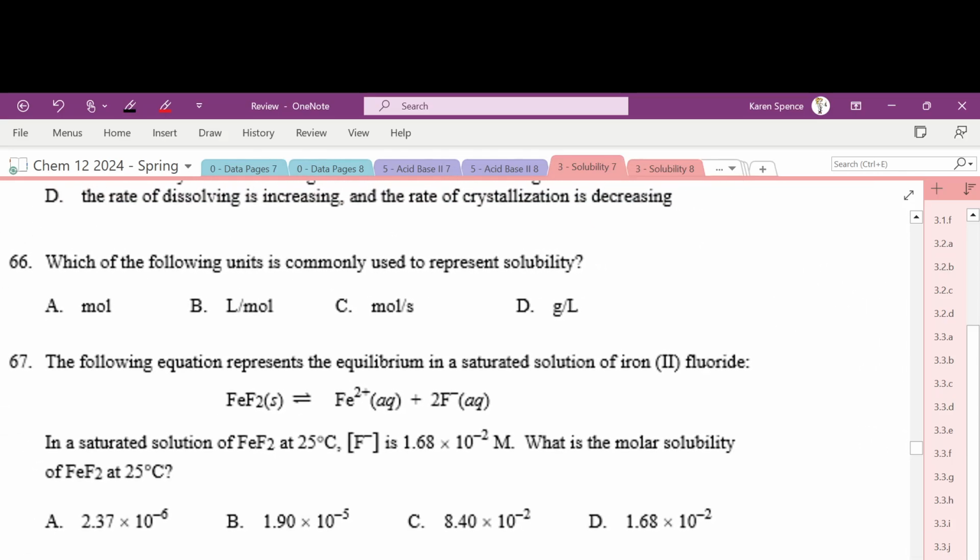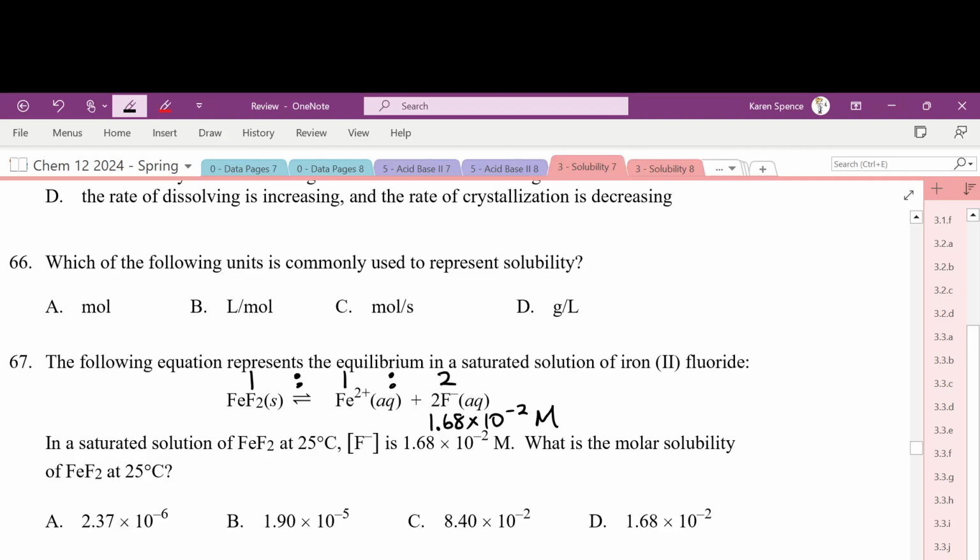The following represents the equilibrium in a saturated solution of iron 2 fluoride. In a saturated solution of iron 2 fluoride, the fluoride concentration is 1.68 times 10 to the negative 2 molar. What is the molar solubility of FeF2? Now, this is a 1 to 1 to 2, so this is going to be 2 times as much as this one.